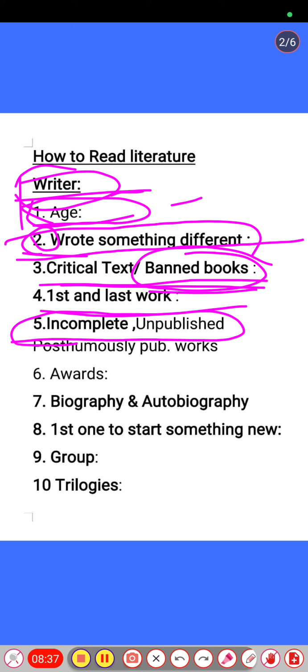Incomplete and unpublished work is also important when you're preparing for this exam. Frequently this kind of questions were there, just like the very famous Chaucer. As we know, Chaucer is famous for his Canterbury Tales. His incomplete work that we have is the Canterbury Tales, that is not the complete one.